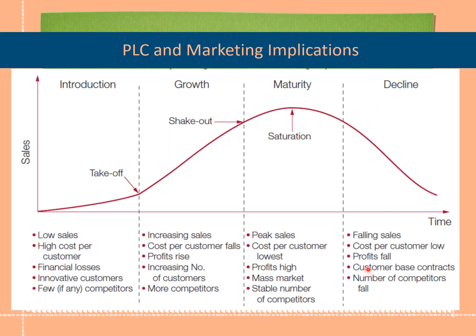And normally customers are based on contract, or you may have some loyal customers that buy but not that much. And of course at this time the number of your competitors is also falling down, and many competitors pull out from that particular industry or from selling the same product.